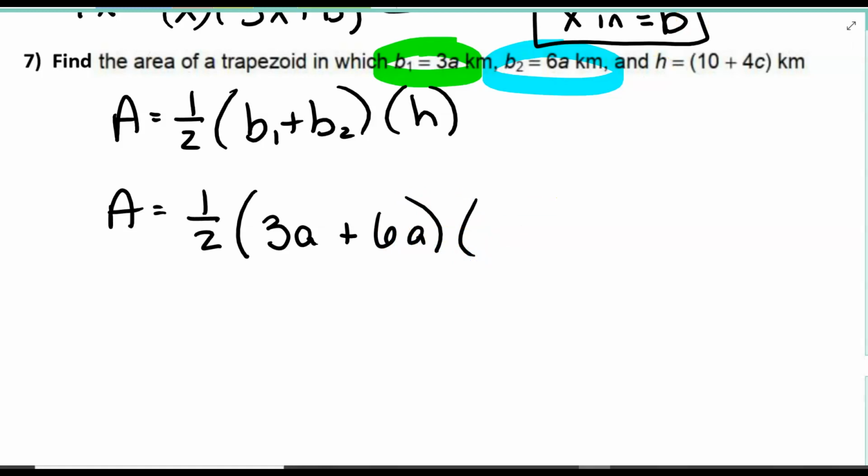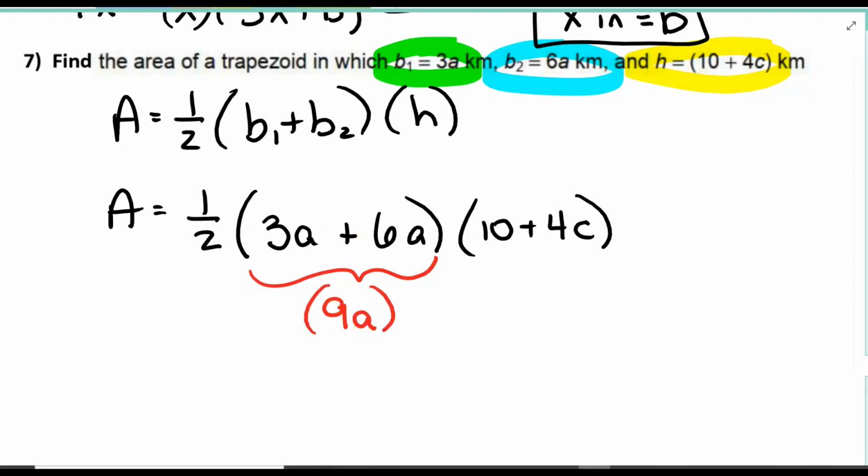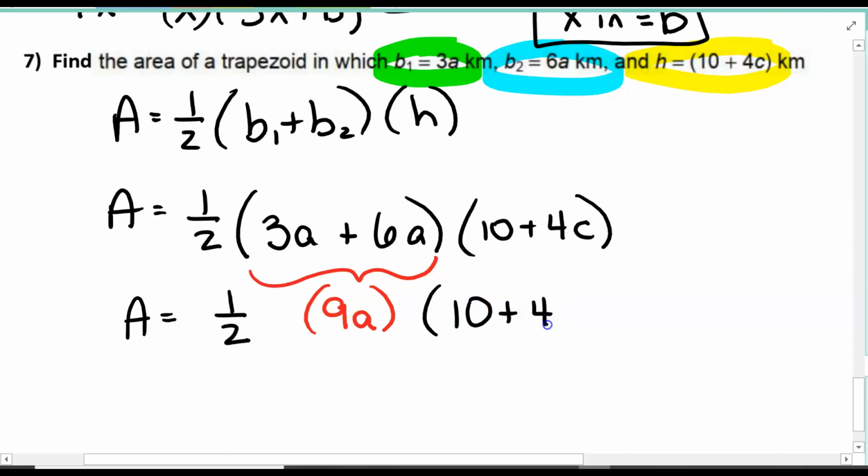My height is 10 plus 4c. At this point, I can actually combine like terms in one of my parentheses. That 3a plus 6a we can combine to give us 9a. So the area equals 1/2 times 9a times 10 plus 4c.